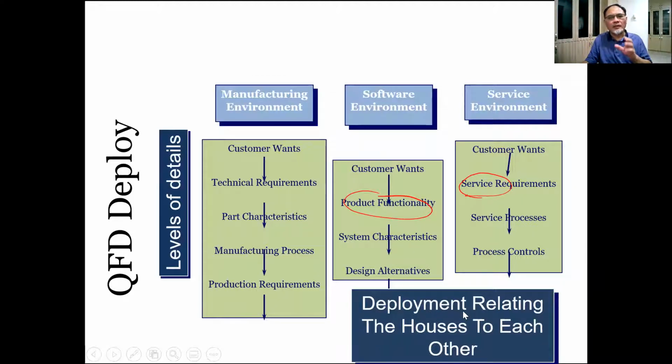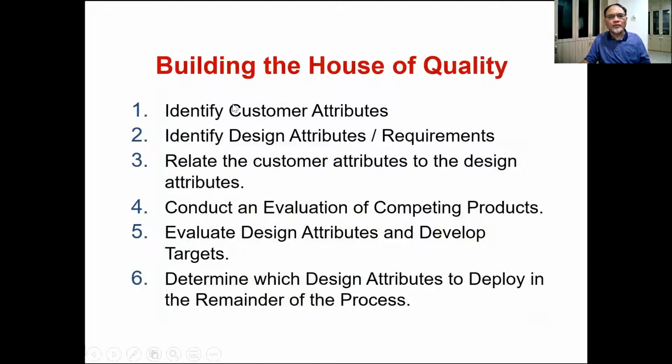But I mentioned that if you can come up with the first house of quality, that will be very powerful, or good enough. So these are the basic steps in which you build the house of quality. You identify the customer attributes, identify the design attributes or the technical requirements, then you analyze the relationship between the customer attributes and the design attributes, which is the middle box.